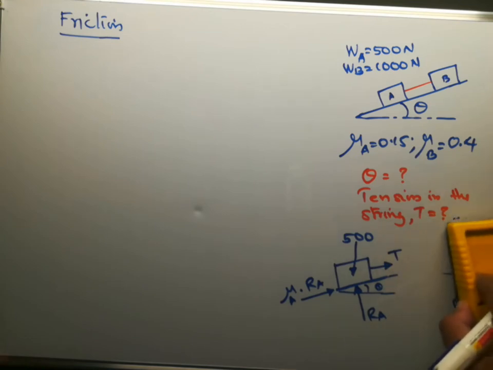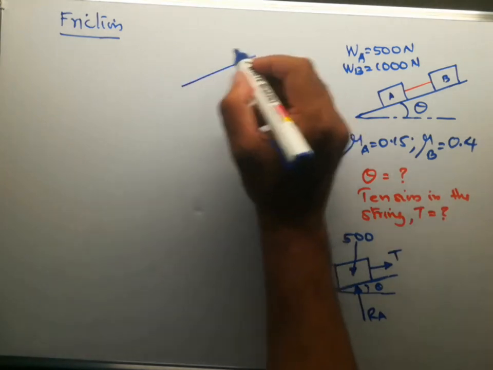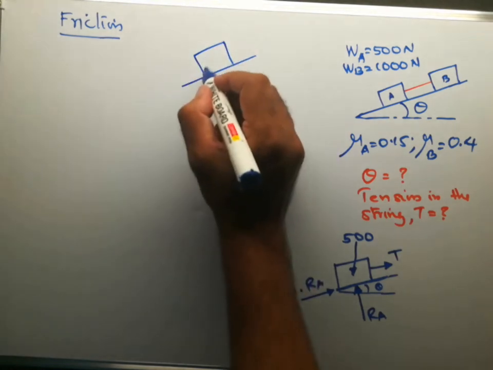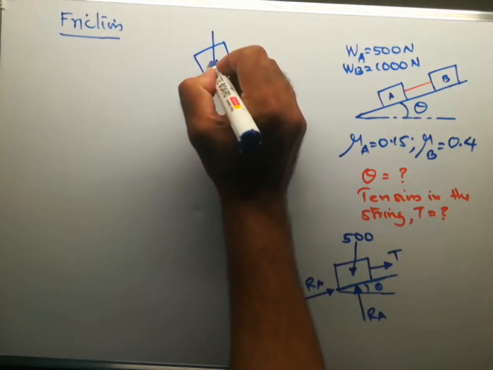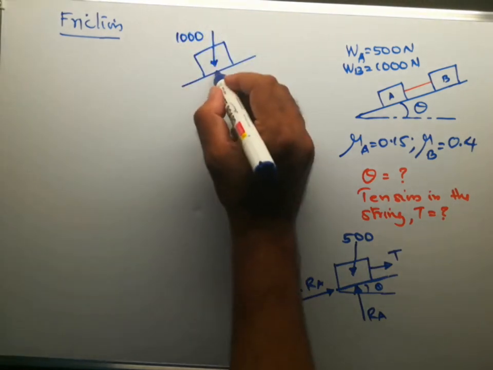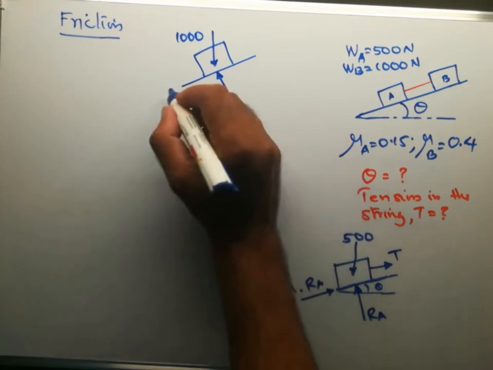I'll draw it here so that it will be more clear. Same plane, block B, its weight is acting vertically downwards. Normal reaction at the contact surface RB.